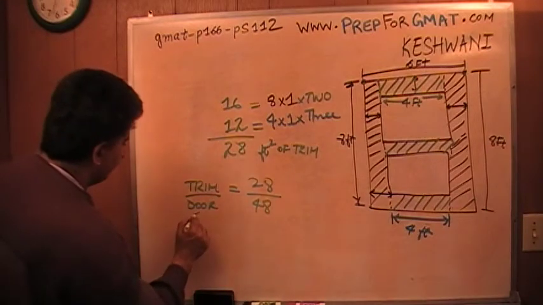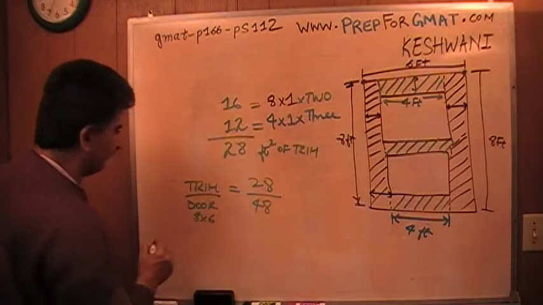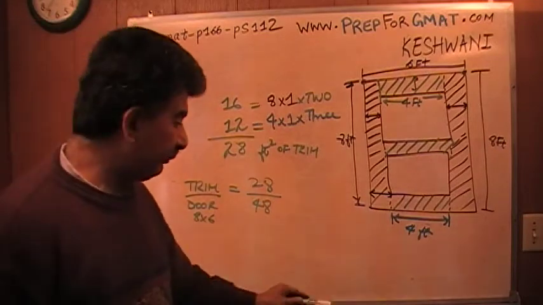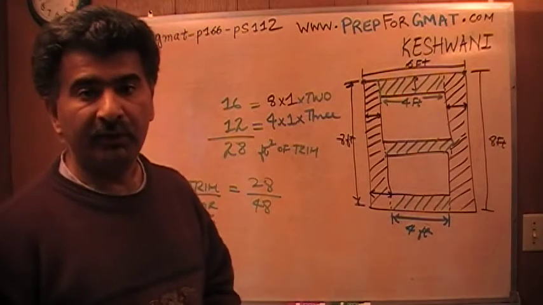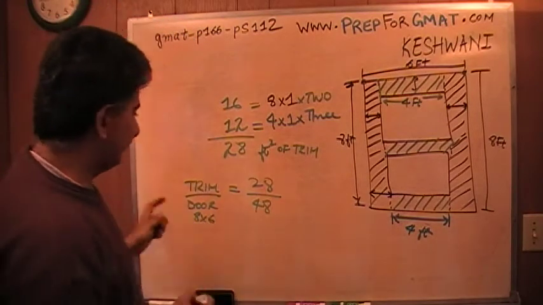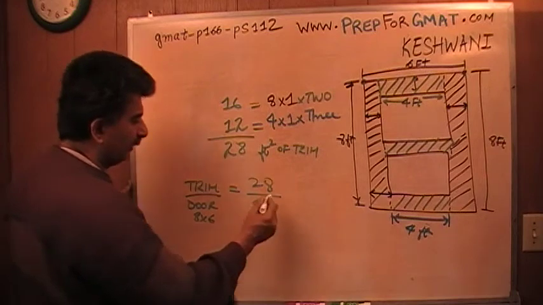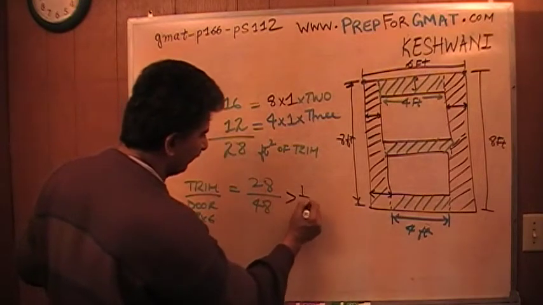It's deceiving when you look at the picture. It does not look like the trim is occupying more than half the area, but it is, because half of 48 is 24. This is more than a half.